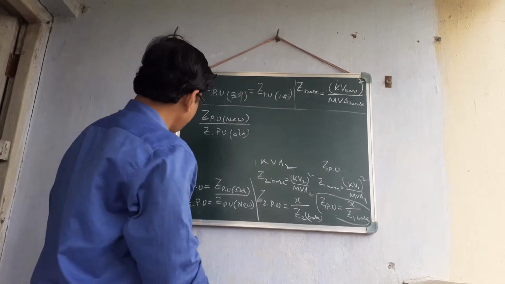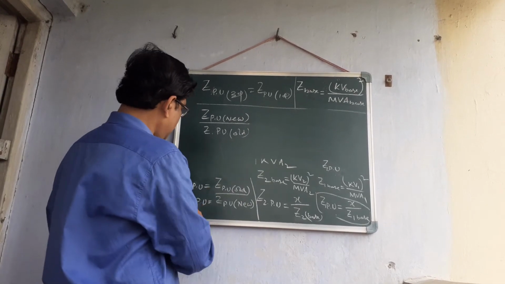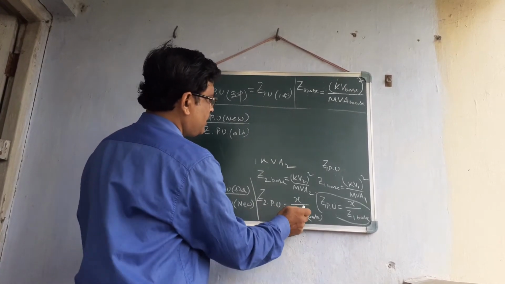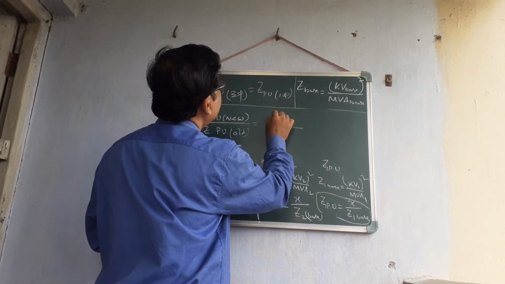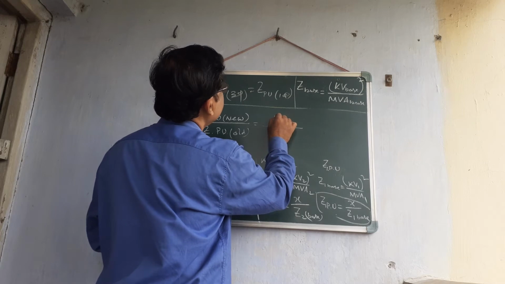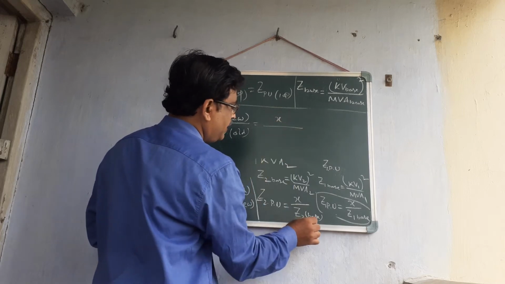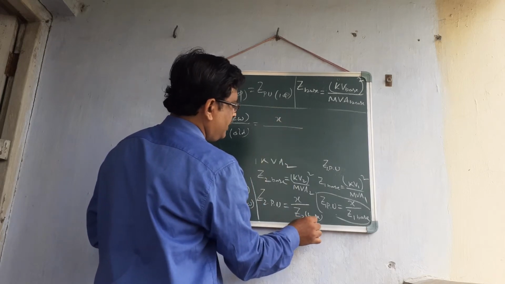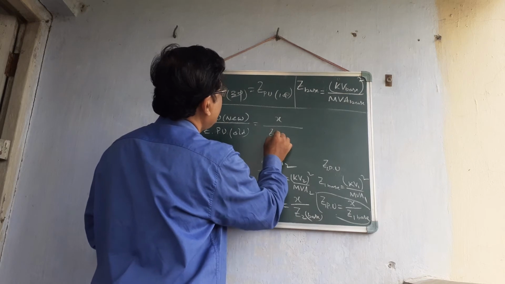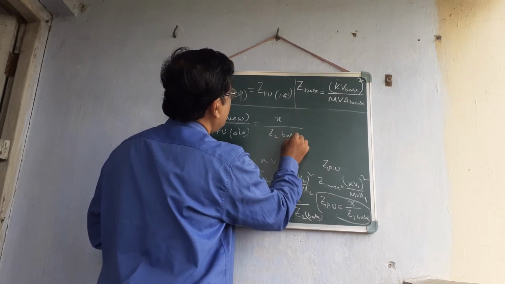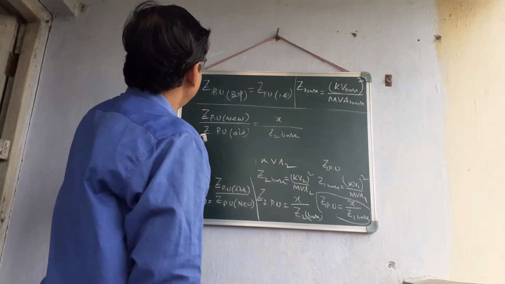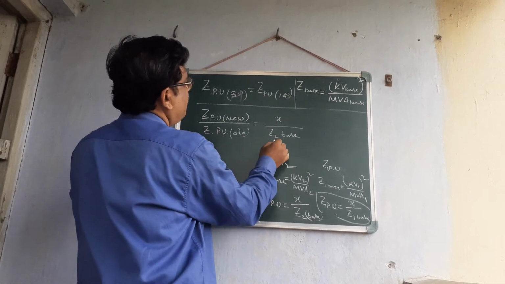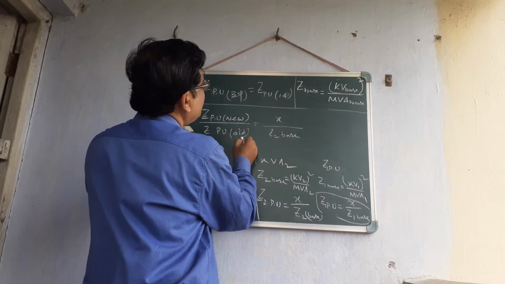What will that be? Z per unit new means x by Z2 base, by Z per unit old.